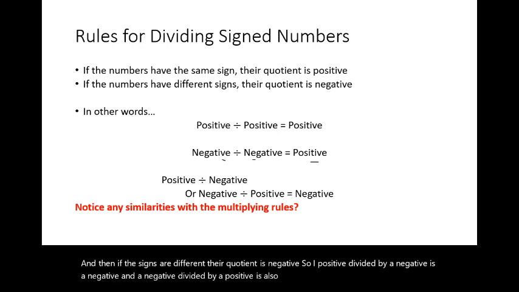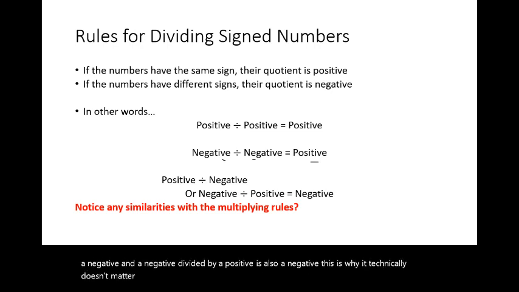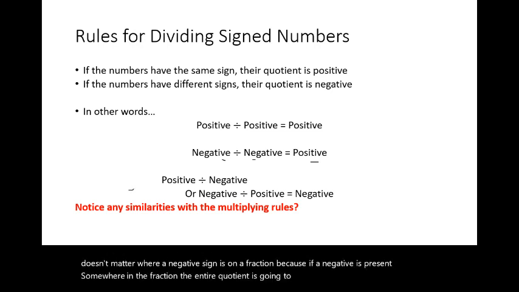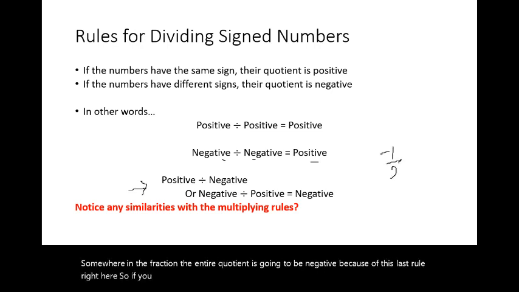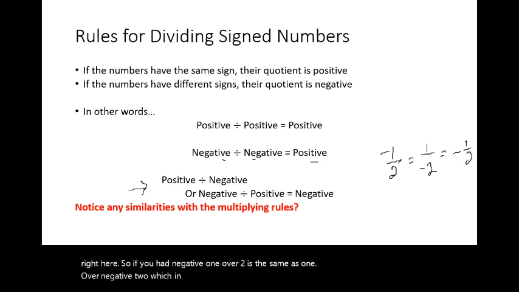This is why it technically doesn't matter where a negative sign is on a fraction, because if a negative is present somewhere in the fraction, the entire quotient is going to be negative because of this last rule right here. So -1 over 2 is the same as 1 over -2, which in either case will give you -1/2.